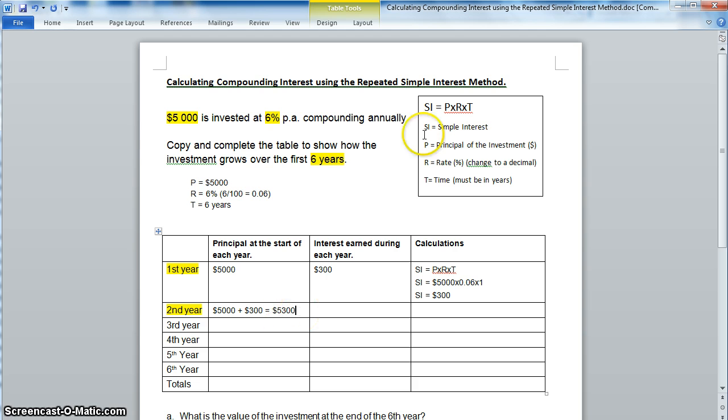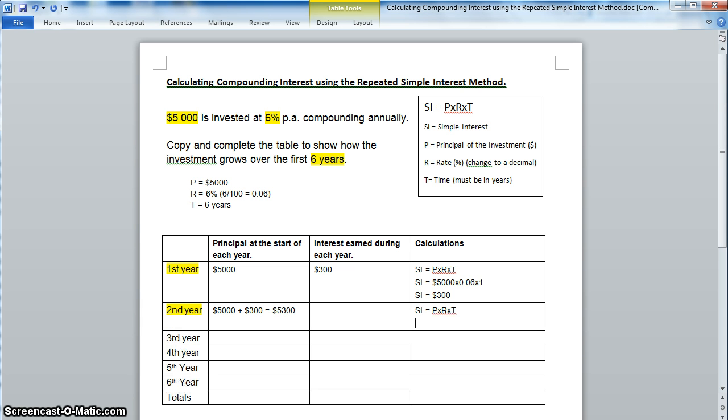So let's repeat the simple interest formula method and work out the simple interest for year 2. So I'm going to use our calculation column here. Simple interest equals P times R times T. Principal times rate times time. Simple interest equals, this time the principal is the principal at the beginning of year 2, which is, that's right, $5,300.